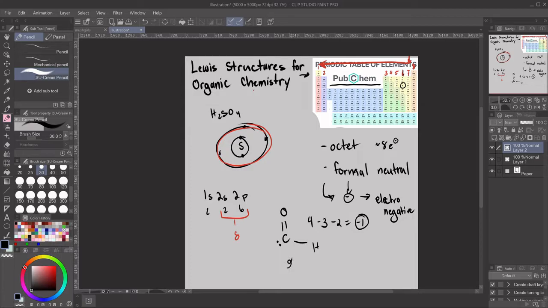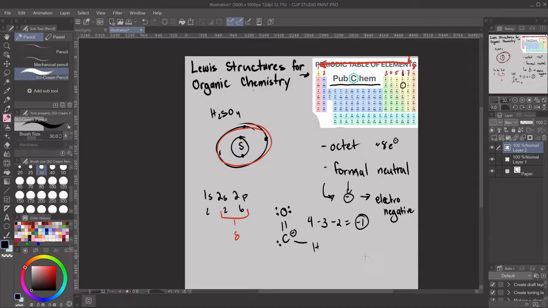I'm also going to check that my carbon fulfills the octet rule, meaning it has 8 electrons. It does, so we're good. So now we're looking at this carbon and saying it has a negative charge. And when we check the formal charge of all of our other atoms here, we will see that they are all neutrally charged.